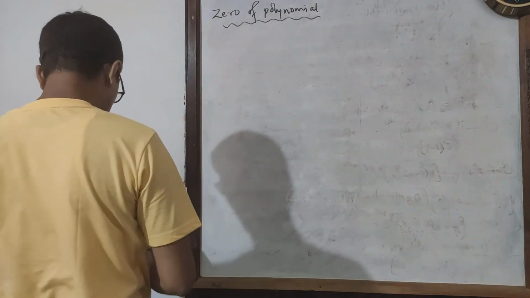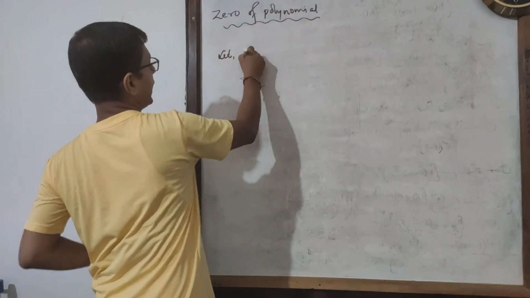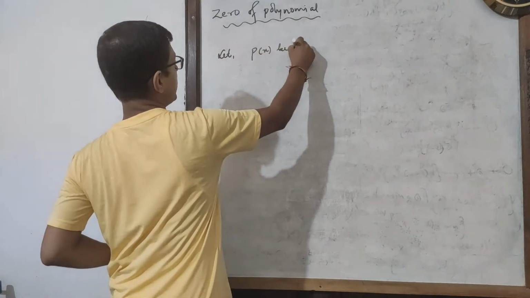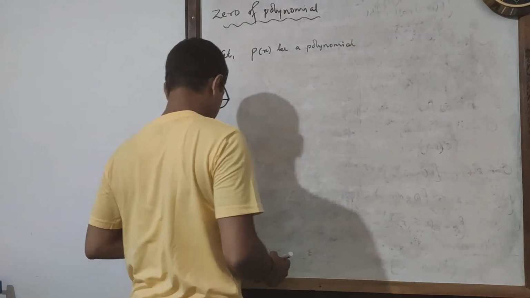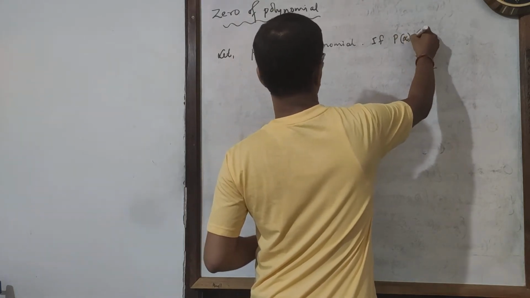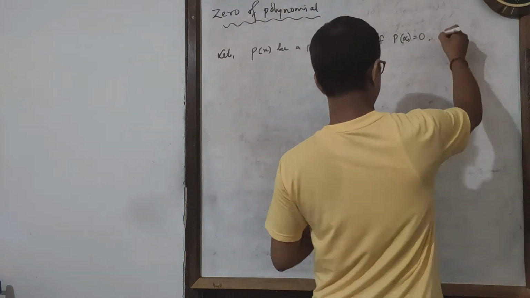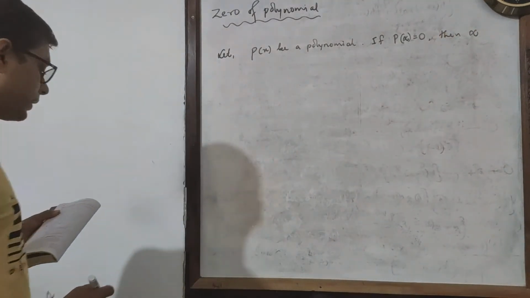Zero of polynomial. So you can write it as: let p(x) be a polynomial, if p(alpha) is equal to 0, then we say that alpha is a zero of the polynomial p(x).